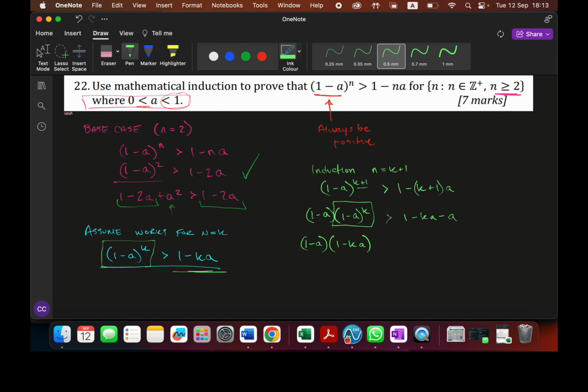Because that's that over there. And I'm just going to go ahead and blow up those brackets to see if anything makes sense. If I blow up those brackets, I would end up with 1 squared plus ka squared.